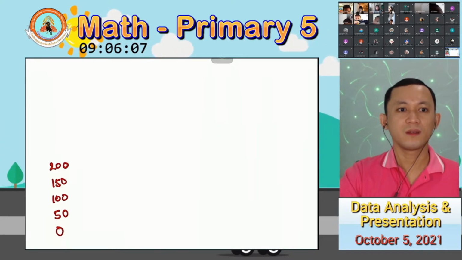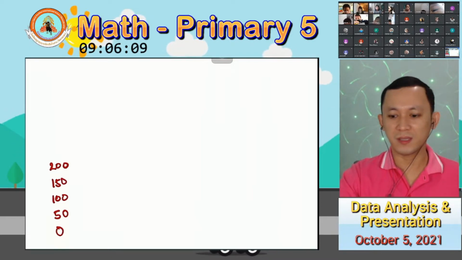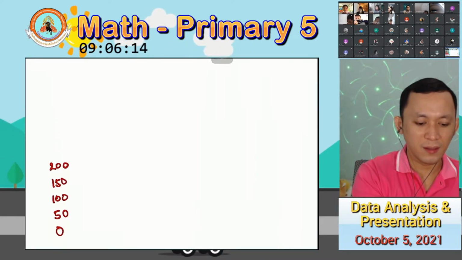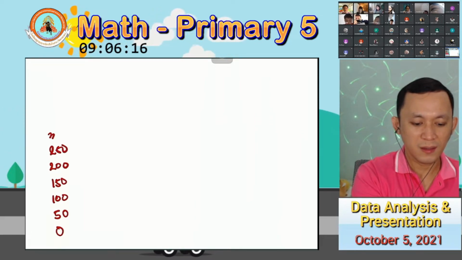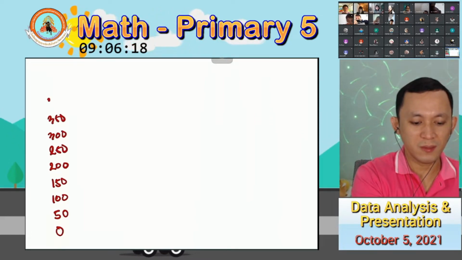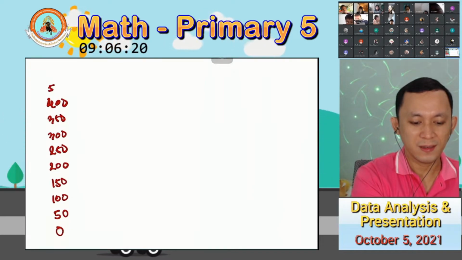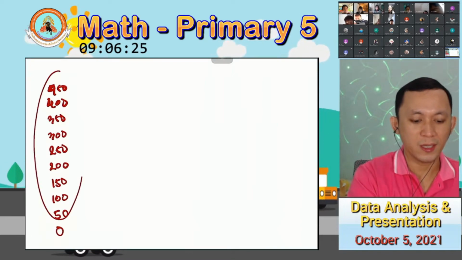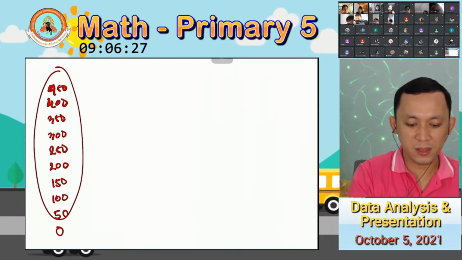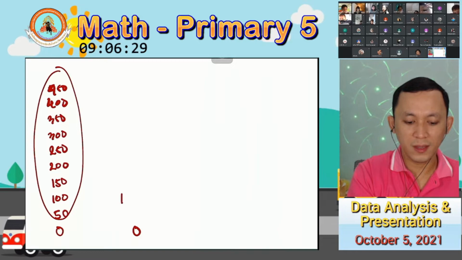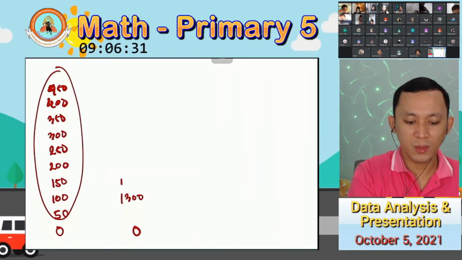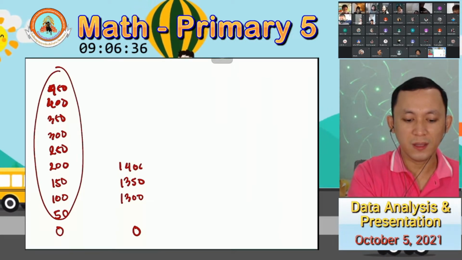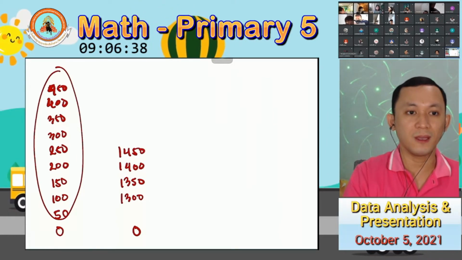It is still at 200. So erase all this and start at 0, then 1,300, 1,350, 1,400, 1,450.